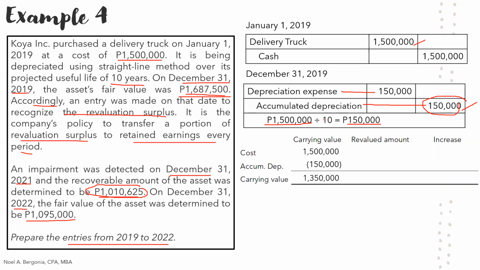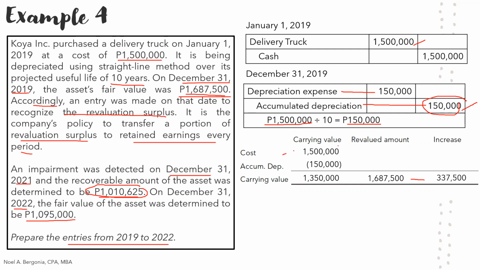Now, considering the given fair value, which is now our revalued amount, amounting to 1,687,500, we have an increase of 337,500. So this increase will be again proportionate based on una sa cost muna.